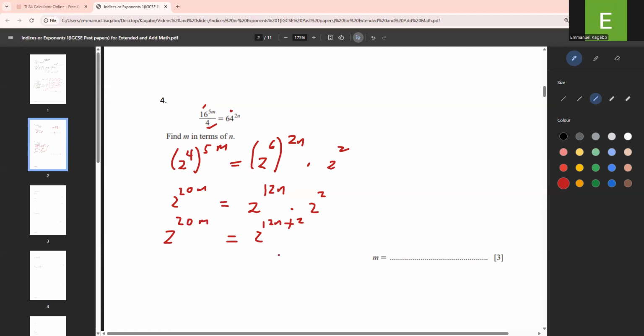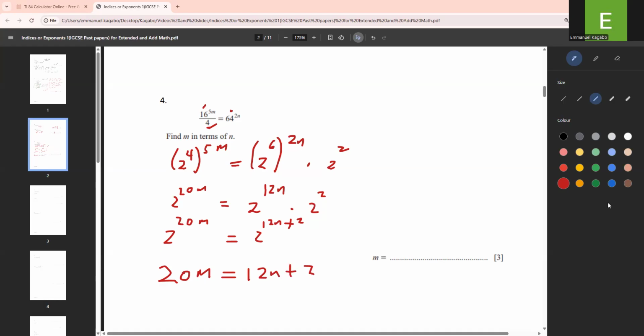Now, there is an equal sign. So if bases are equal, powers are going to be equal. So that means I'm going to get 2 power 20m equals 2 power 12n plus 2 altogether. Let me repeat what I'm saying here.